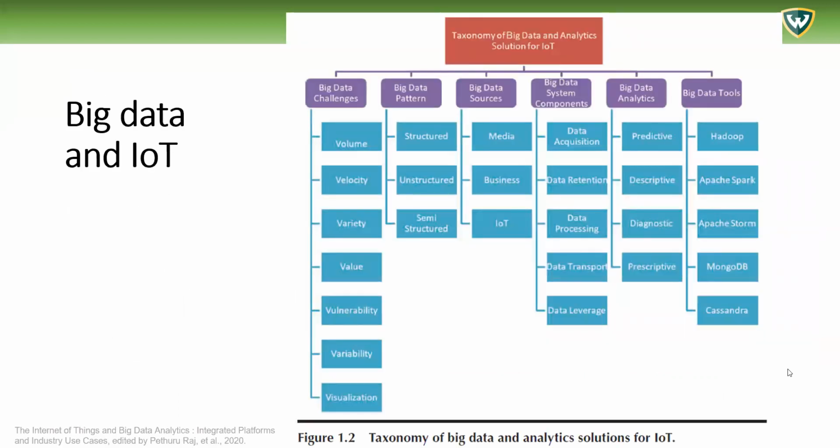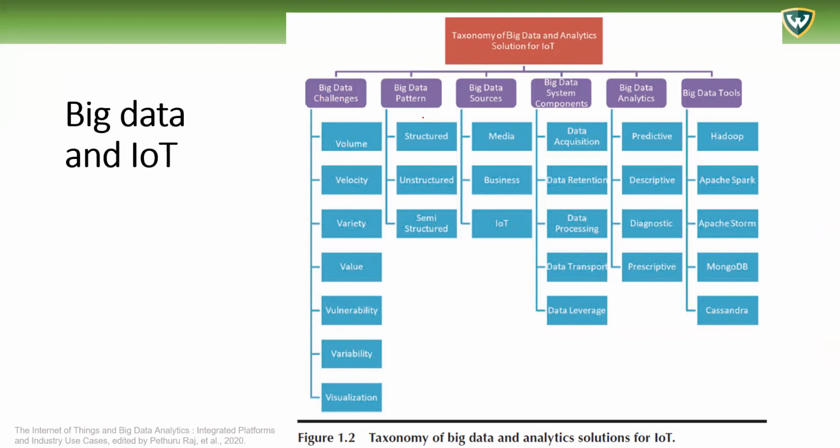Here is a diagram that integrates some concepts of big data and analytics solutions for the Internet of Things. I'm getting this from a writing that I will also share with you, and we already explored some of these concepts in previous lectures. So there are the big data characteristics.